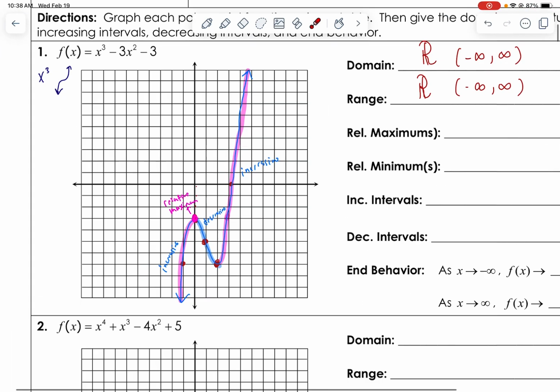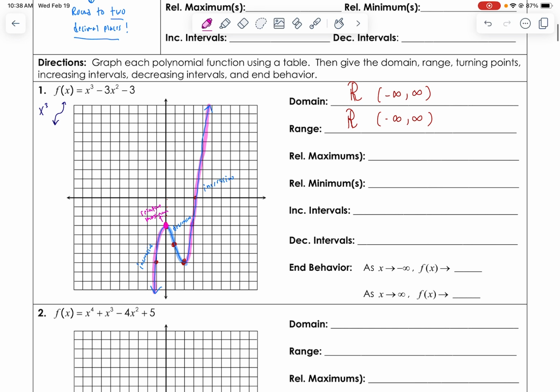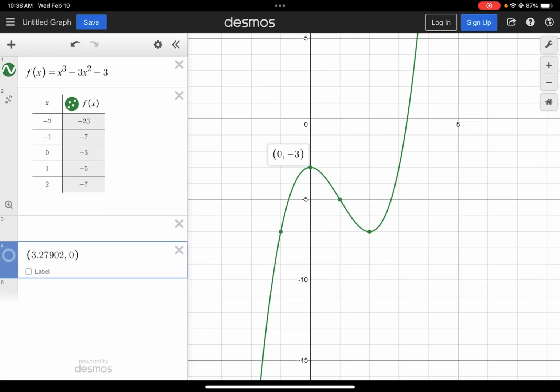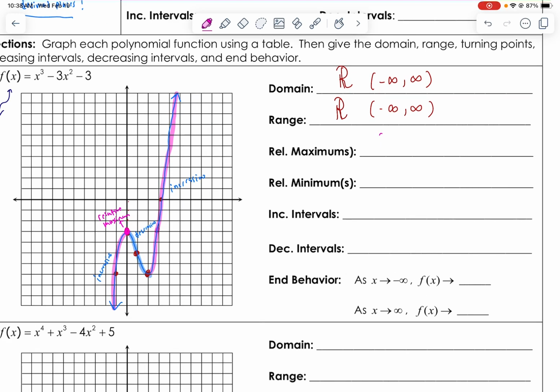We can find this coordinate point by looking at Desmos, or you can just look at this graph. This point would be (0, -3). You can always verify that on Desmos, and of course, it is (0, -3). So we have a relative maximum at (0, -3).